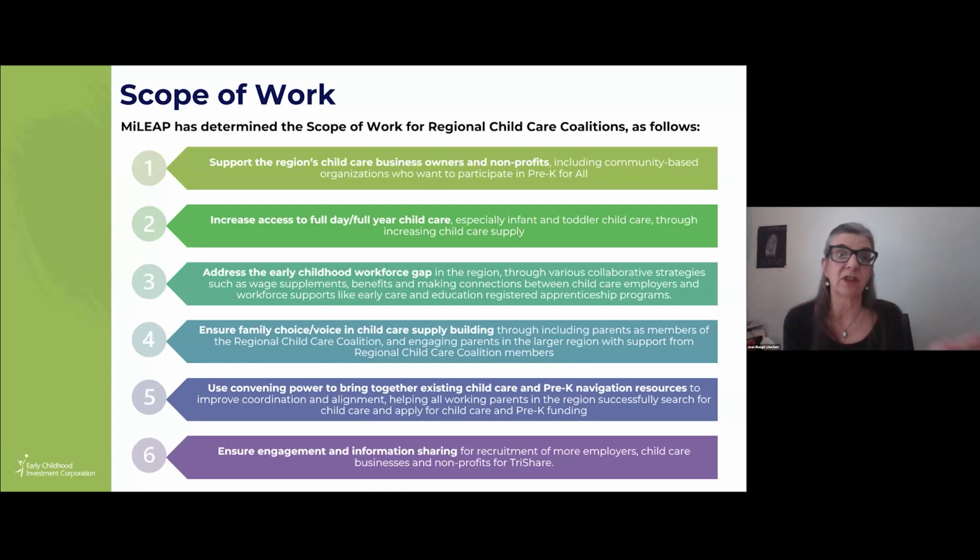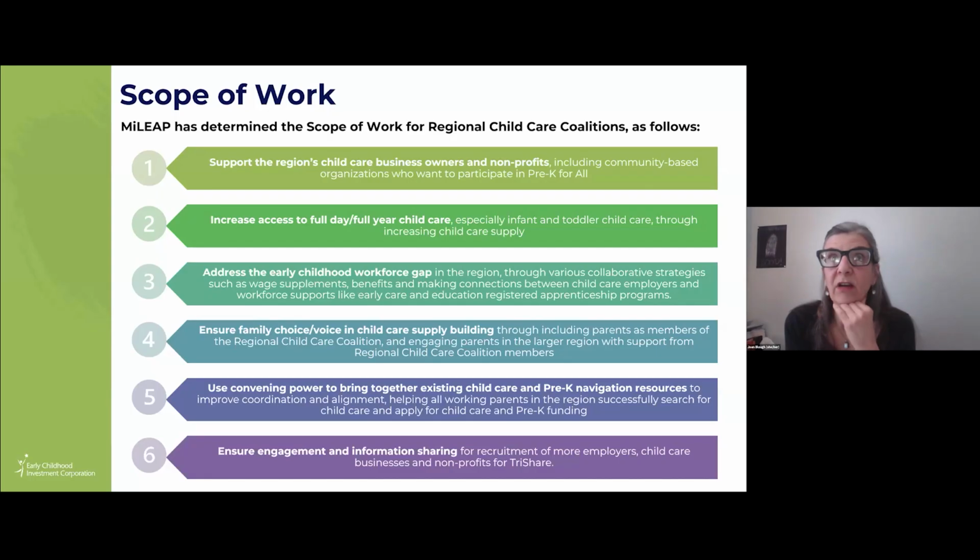And those could include things like wage supplements, increasing access to benefits, and making connections between childcare employers and workforce supports like our early care and education registered apprenticeship programs that are now available to childcare employers in Michigan.